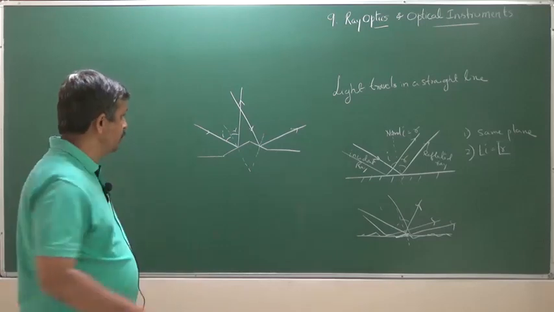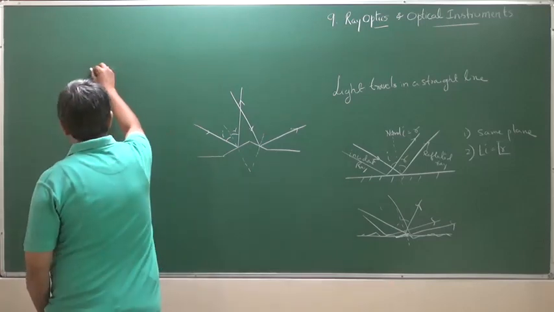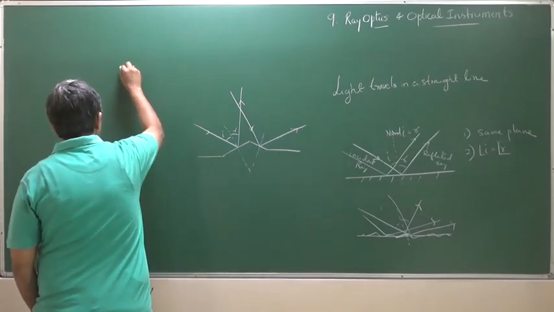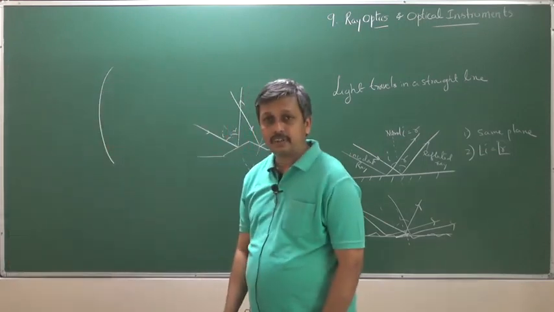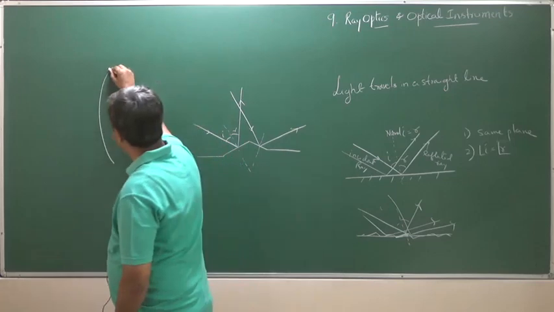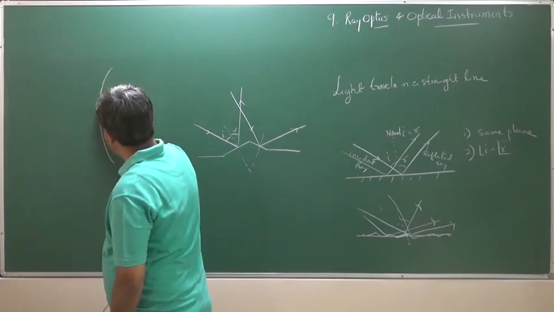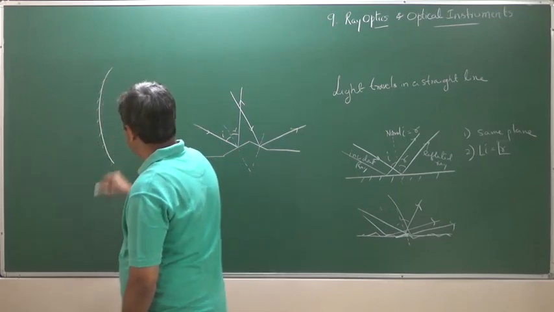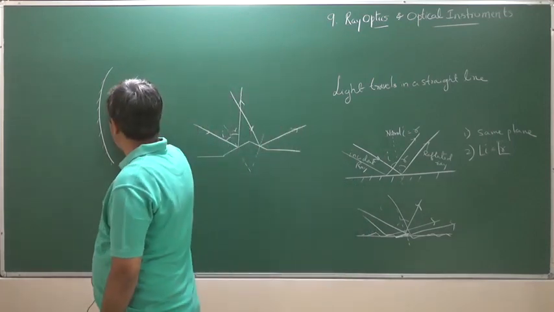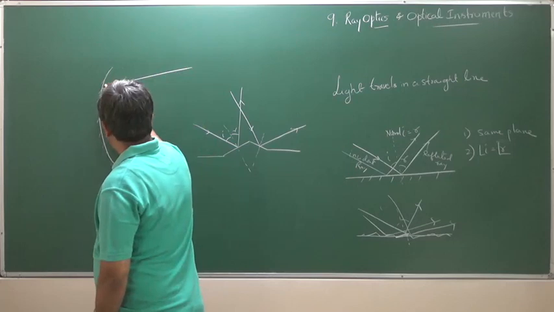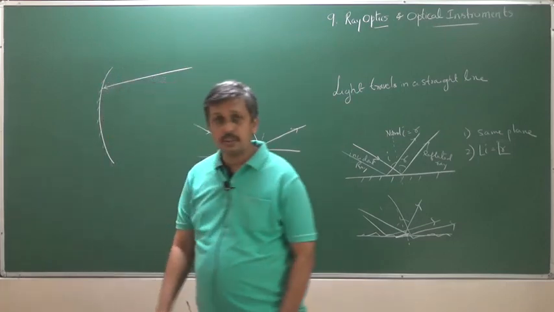Whenever I talk about a mirror, let us say I have a mirror like this. Let us say this is my concave mirror. If the light comes from here, where does it go?